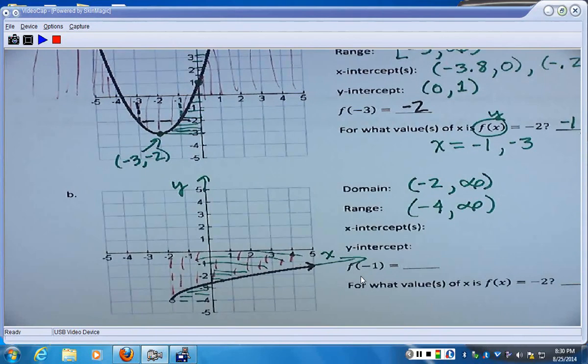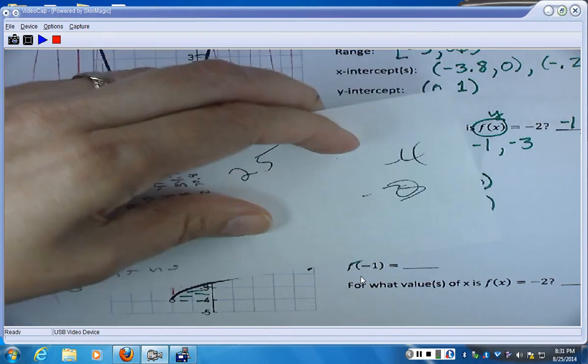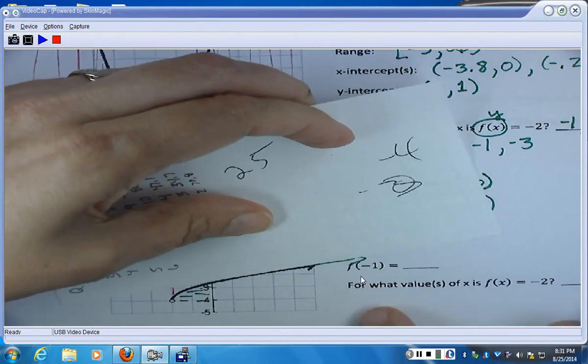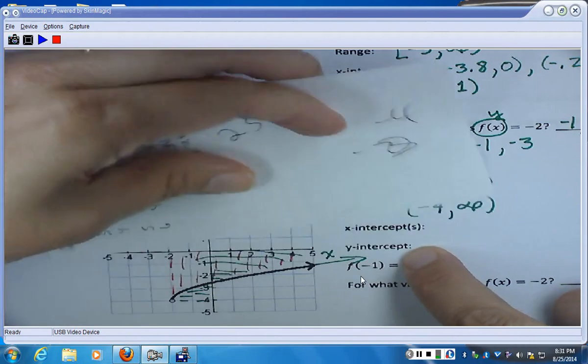All right, the x-intercepts. Wow, that's hard to tell, isn't it? Maybe you could approximate with this. Something like that.